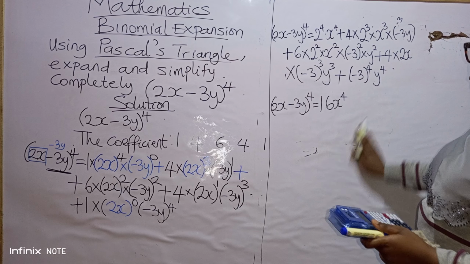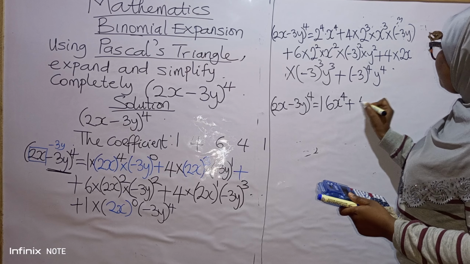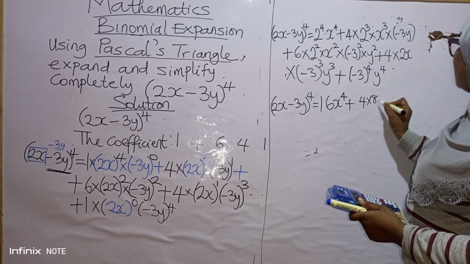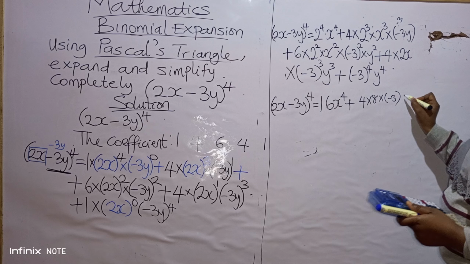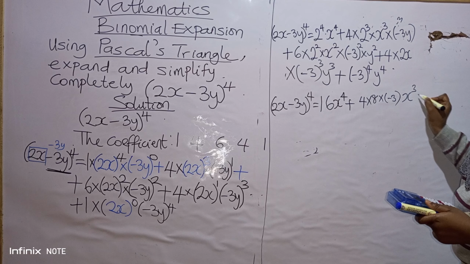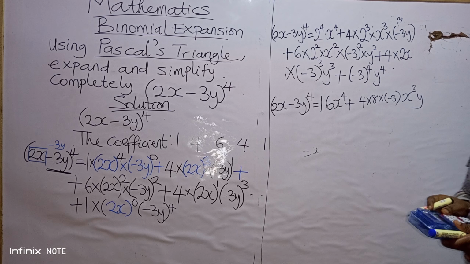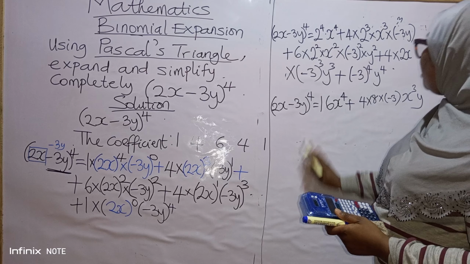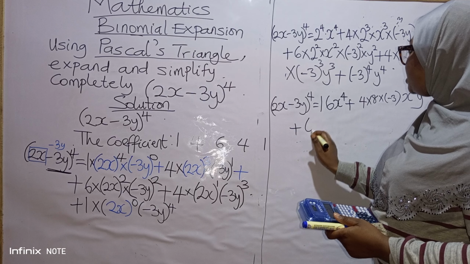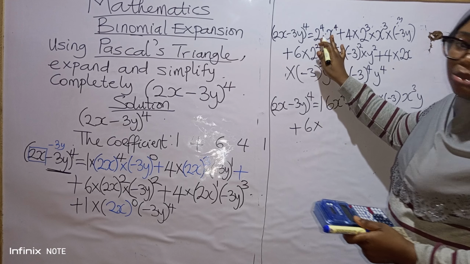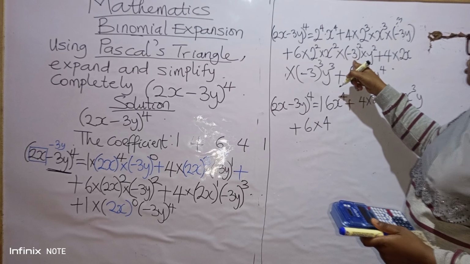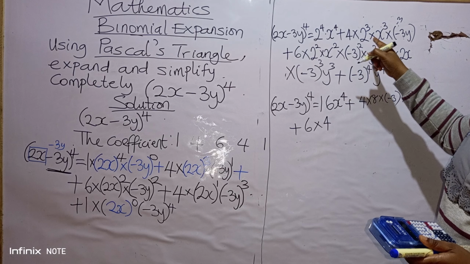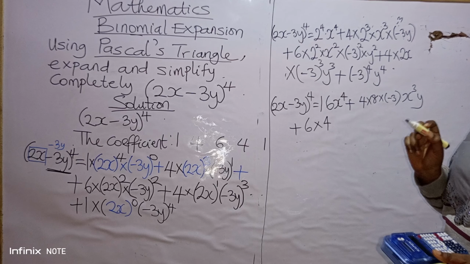So maybe I should just write it here, plus 4 multiplied by 8, then multiply by minus 3, then multiply by x raised power 3, then y. So plus 6 multiplied by 2 raised power 2, 4. Then here I have minus 3 squared, which I told you will be plus 9.